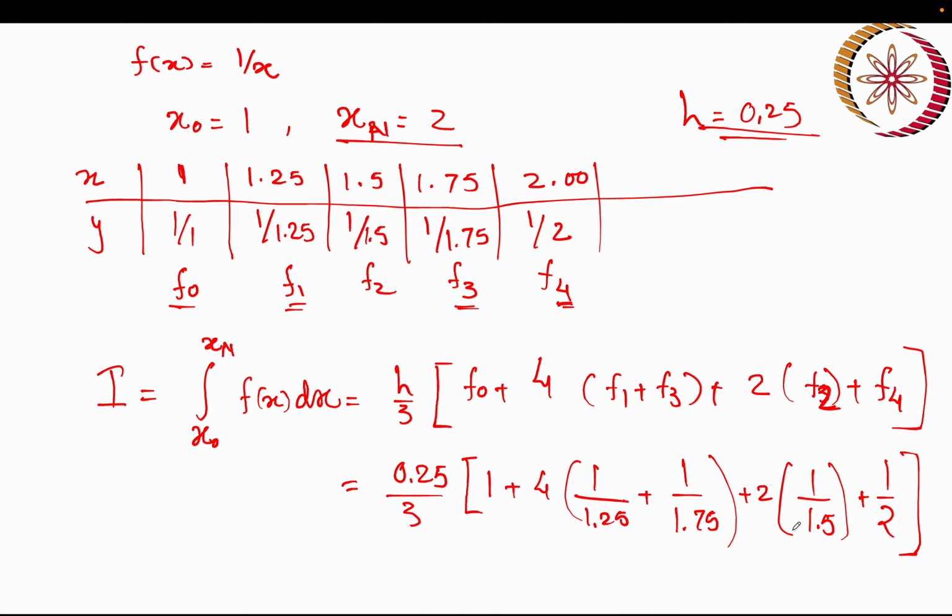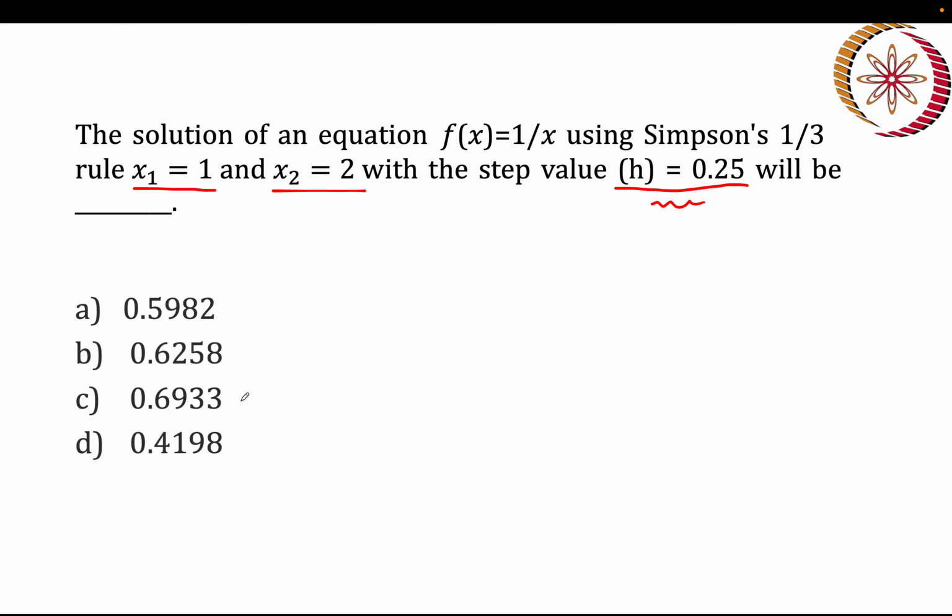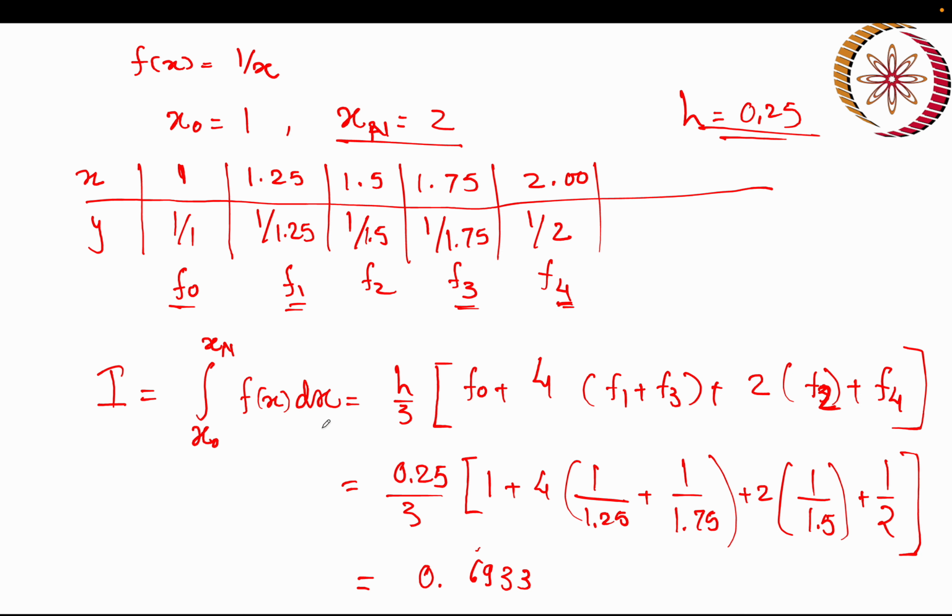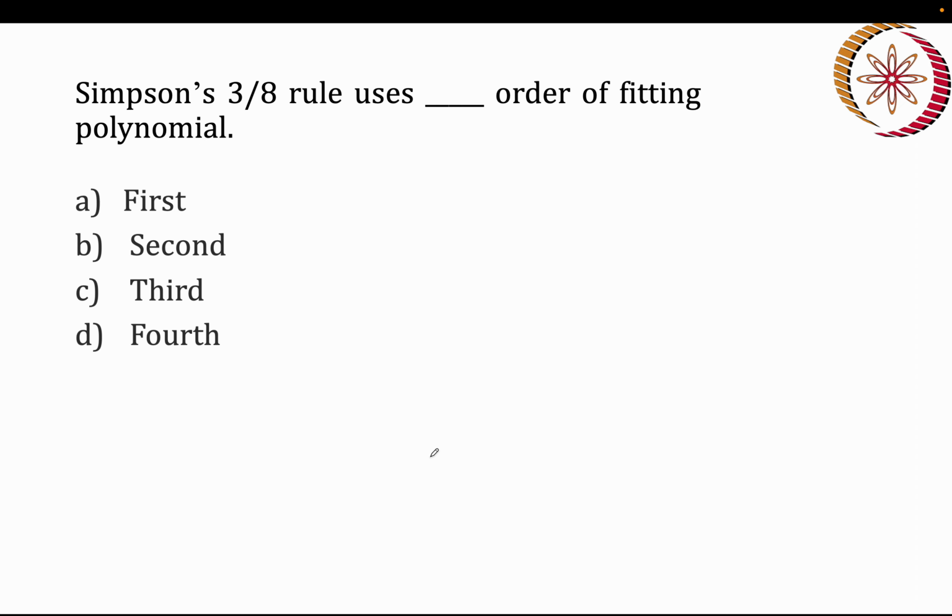Okay, so if you compute all these values, it will be 0.6933. So this is the correct answer. So with direct application of the Simpson method, you can quickly get the final answer. We already saw how it has come. So yeah, we'll go to the next question.